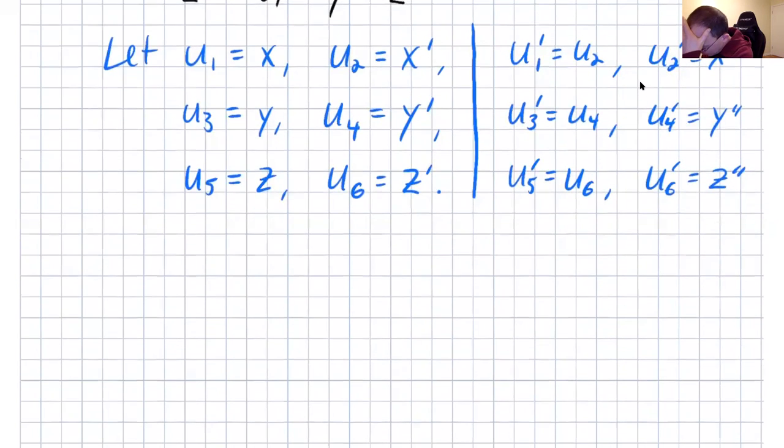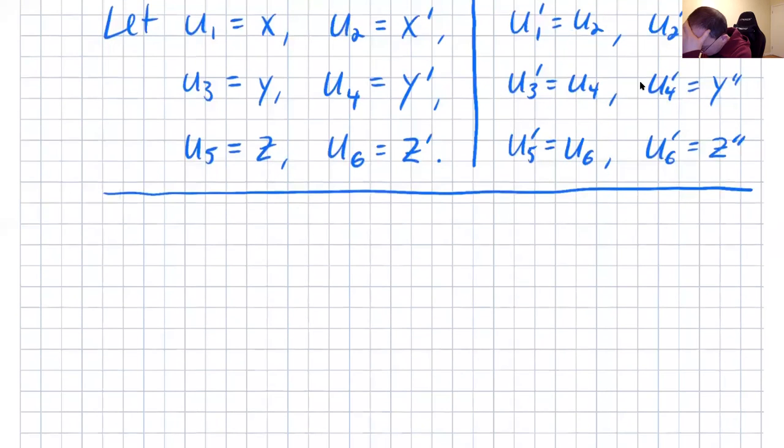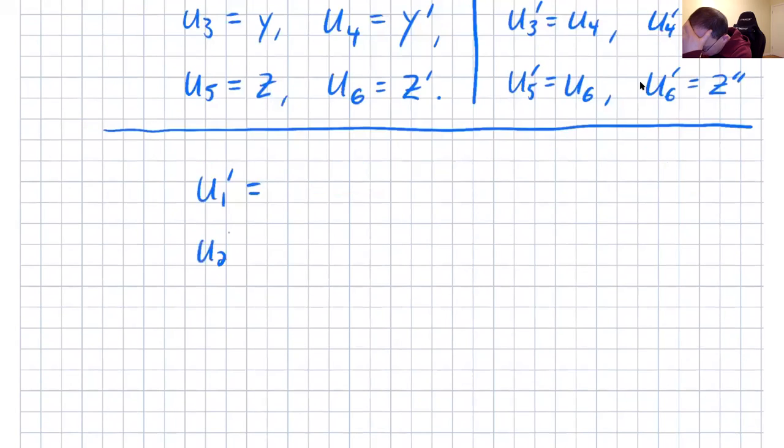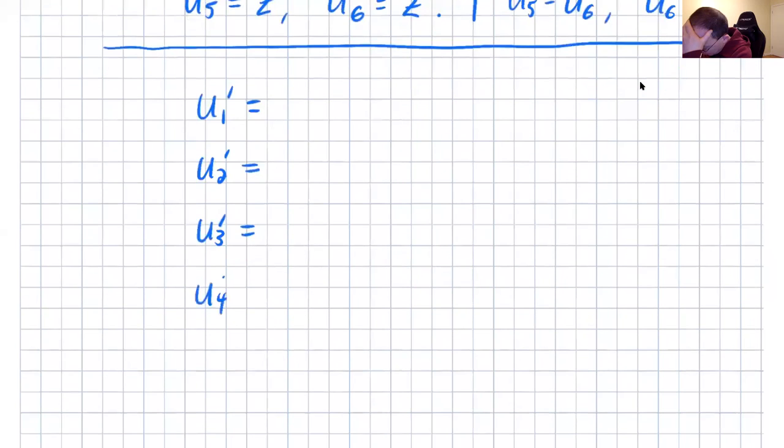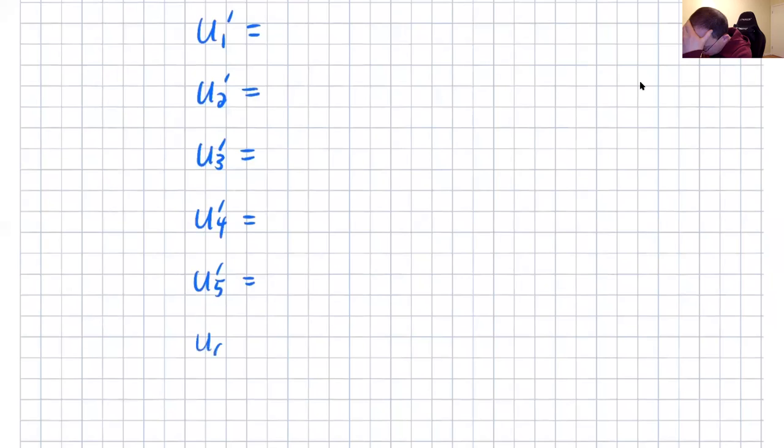Okay, so now we can write out our first order system. So we'll have u1 prime, u2 prime, u3 prime, u4 prime, u5 prime, and u6 prime.